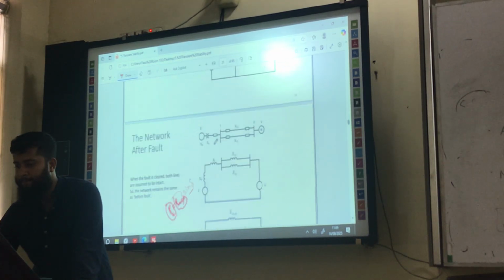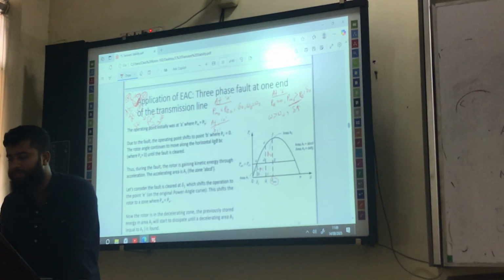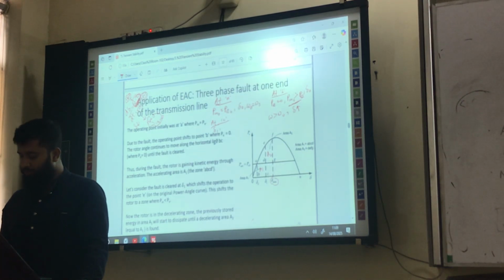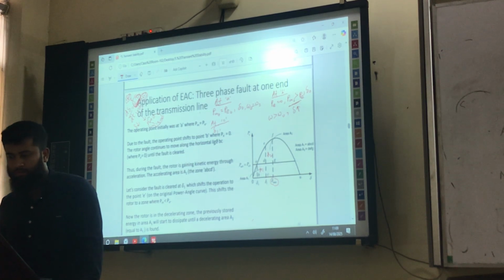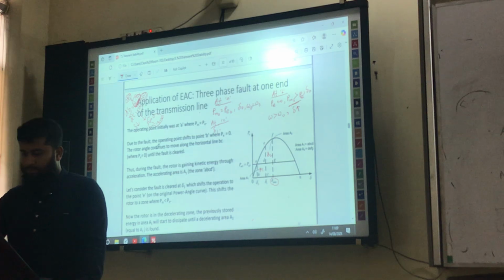Now here our PM is fixed. We can increase or decrease the PM, right? But what can we control? We can control the fault clearing time.